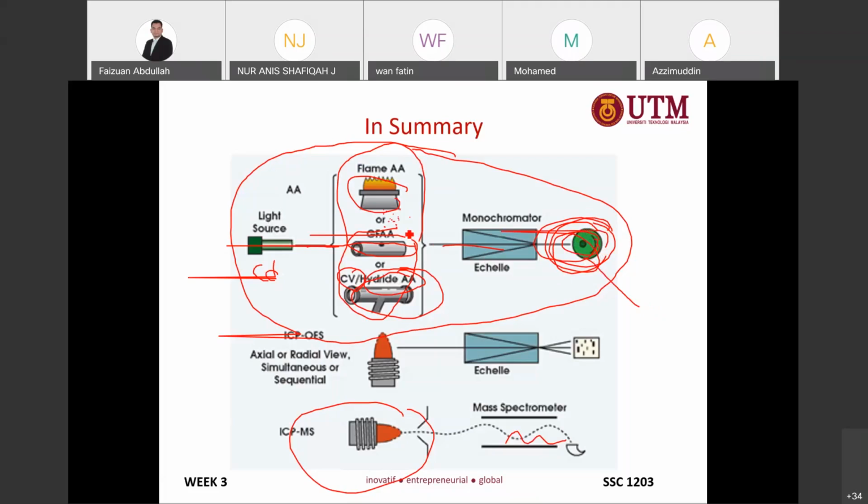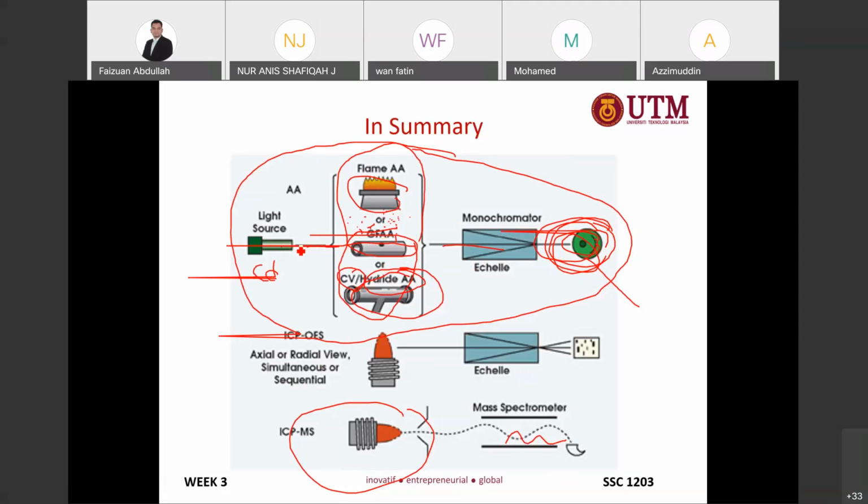What happens if we don't have cadmium inside the sample? Is there any absorption by the atoms of the sample that have been atomized? Do we detect anything if there is no cadmium inside it? No, right?